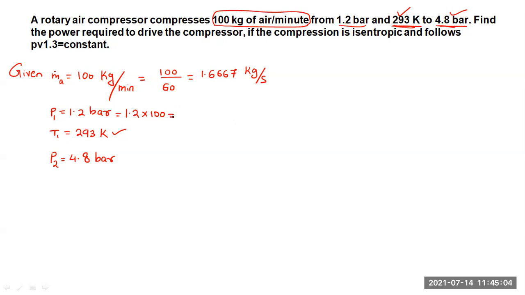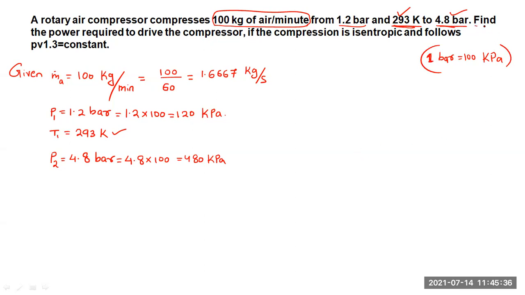So 1.2 into 100 gives 120 kilopascal, and 4.8 into 100 gives 480 kilopascal. Remember this unit conversion, again and again I am telling you.